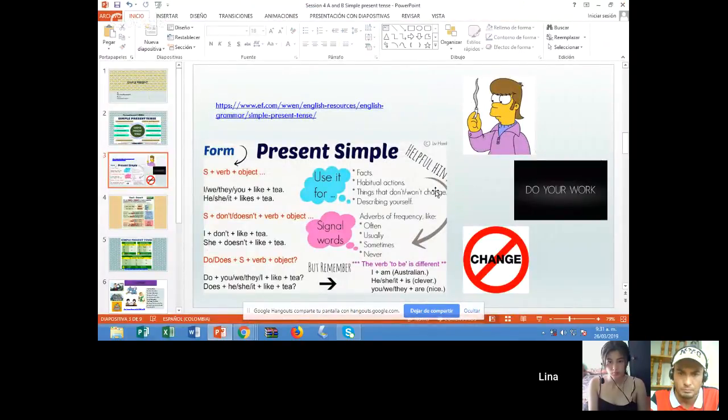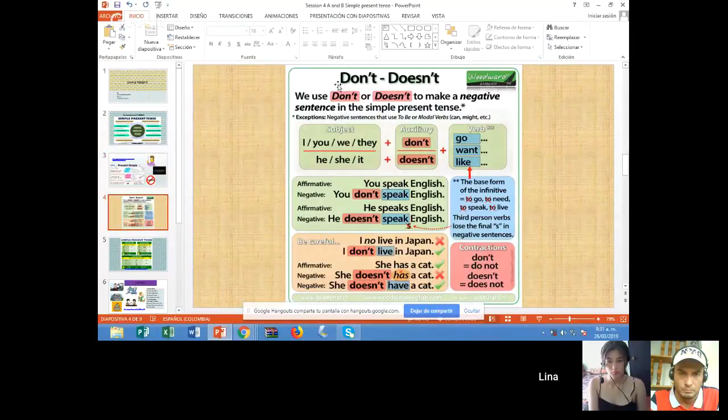things that don't change. Here we have the same for negative sentences. We use don't or doesn't. The same thing that we saw before. You speak English. You don't speak English. He speaks English. He doesn't speak English.